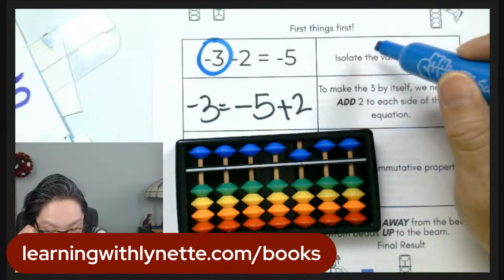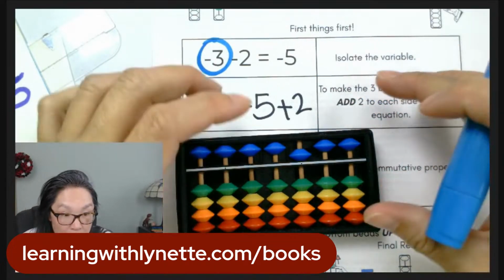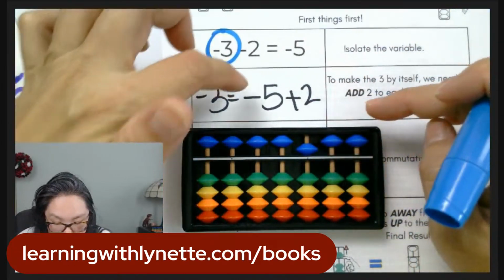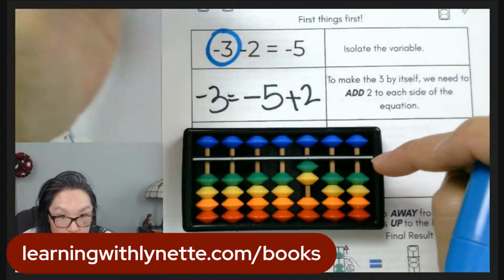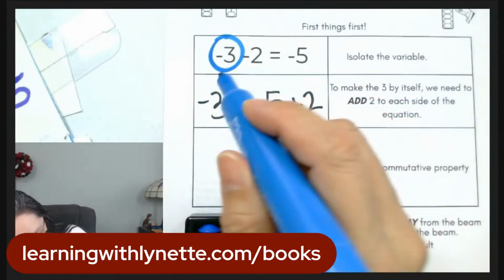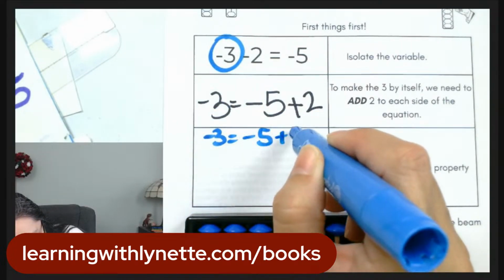Minus the 3 is what we're going to isolate. So we need to add the 2 on each side of the equation. As we add to each side, we notice that when we take away the 5, that's not enough. We have to add the 2. So my final answer is 2. So here is a commutative property. It's minus the 3 equals minus the 5 plus the 2.